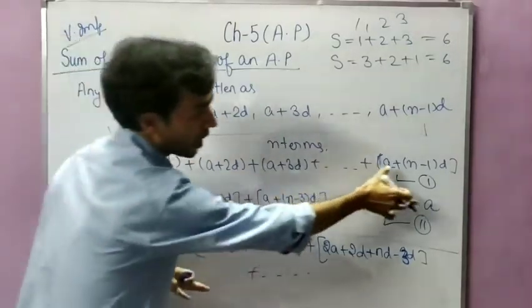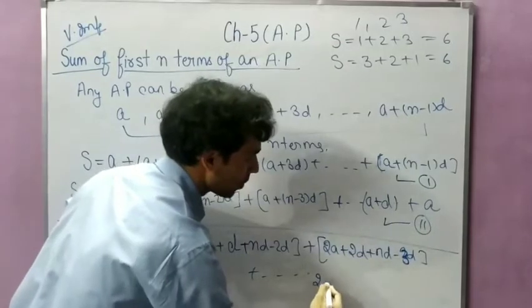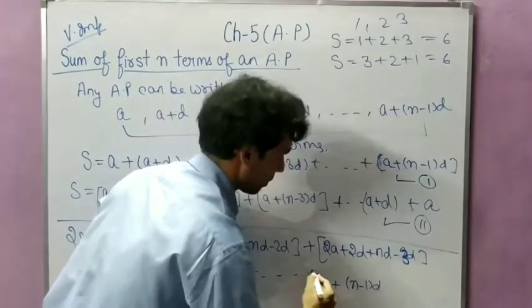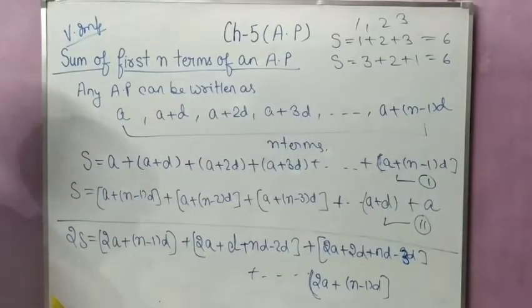Now what will be the last term? Here is a, here is a, so here will be 2a plus n minus 1 d. So that result will come.